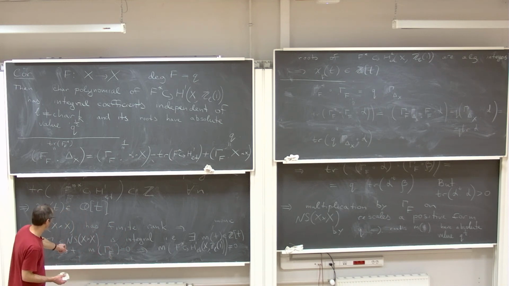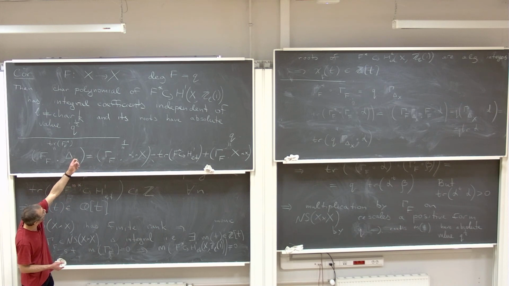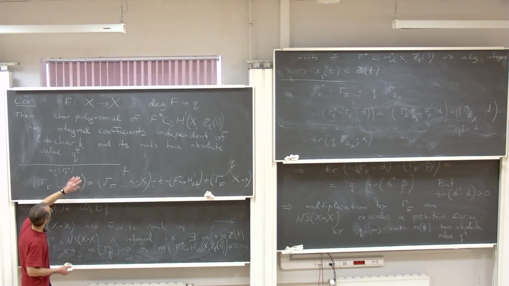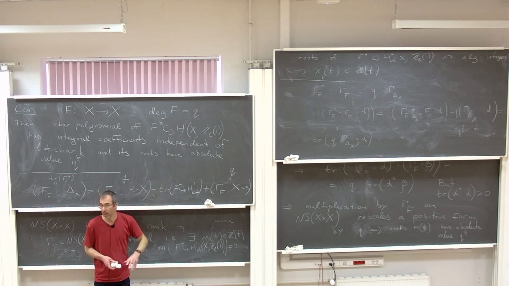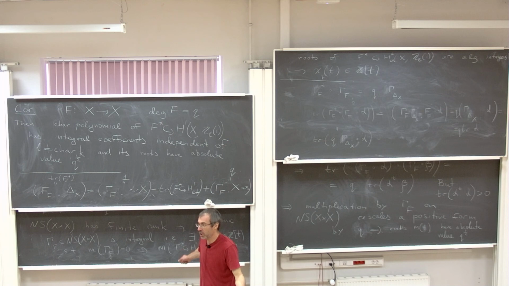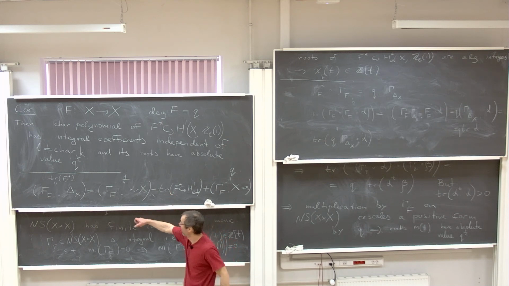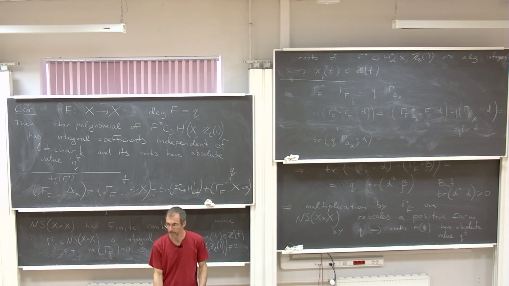And now you have the information about the roots of this polynomial m. And now you want to conclude something about the eigenvalues of this f acting here. And for the last step, you really need the Lefschetz formula. You want to relate the traces, this geometric trace with the algebraic one. Okay? Good. More questions?